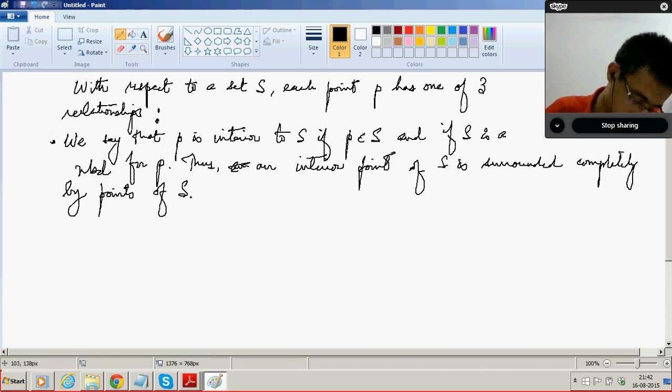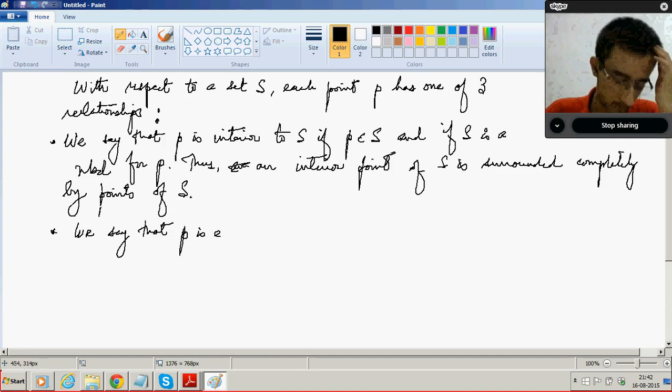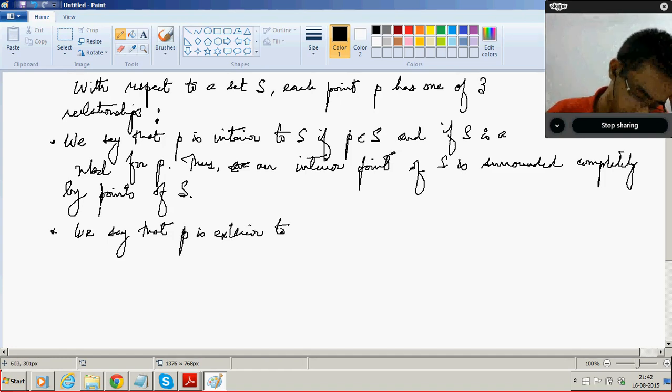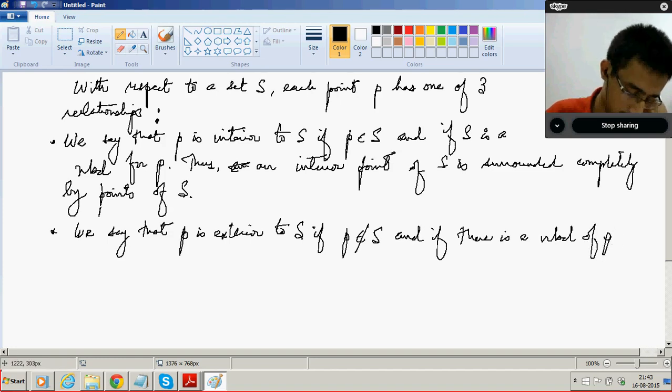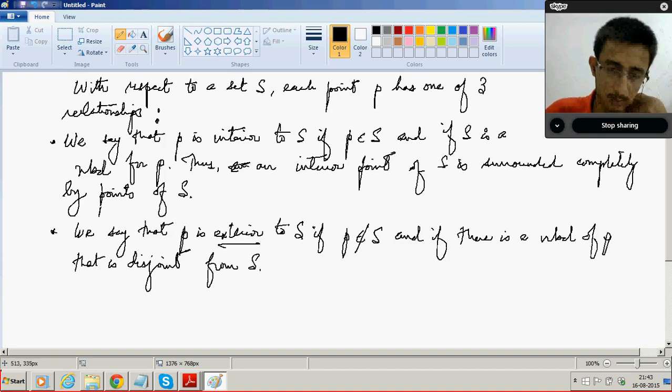Next, we say that P is exterior to S if the point P does not lie in S, and if there is a neighborhood of P that is disjoint from S. So interior, exterior.